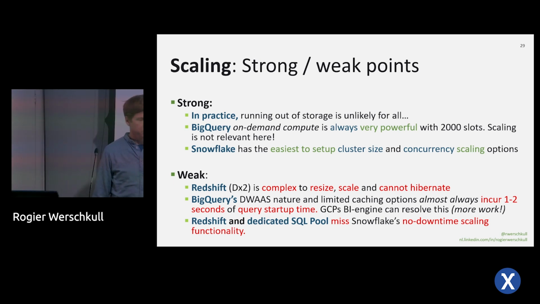I'm not sure whether it's still the case, but a system like BigQuery, because it is serverless, incurs a 1 to 2 second startup time for every query. That's maybe not what you'd like if you run a dashboard that has 10 queries under the hood that fire separately. But there are always different components that you can stack on top of this technology to make performance bottlenecks go away.